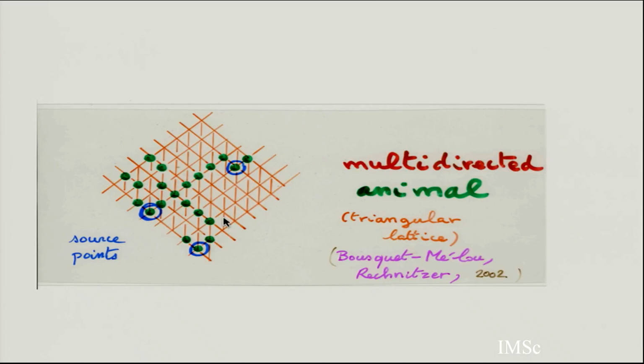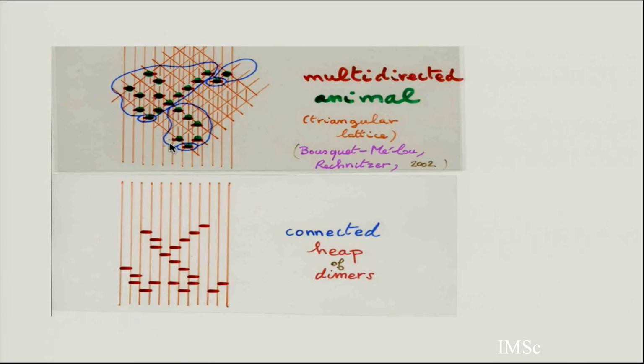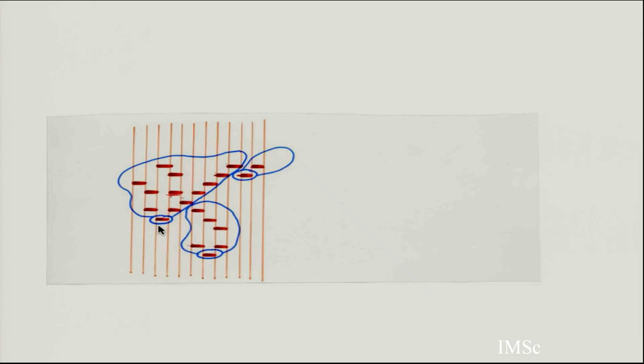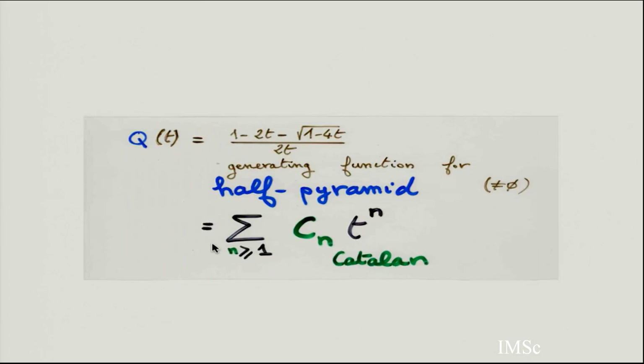So they define this. It's a technical definition, but from a connected heap of diamonds like this, by pushing above, you can get a multi-directed animal with some source points. It's too technical; we don't need to define this. The main problem is to enumerate these connected heaps of dimers. That's what they have done in their paper, by using a lot of calculus and recurrence relations.